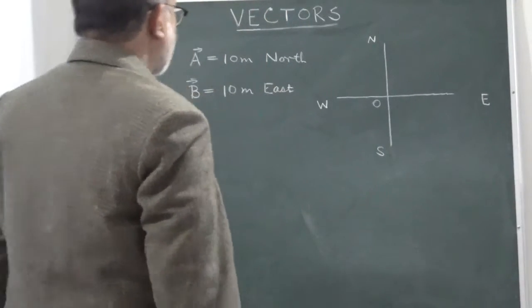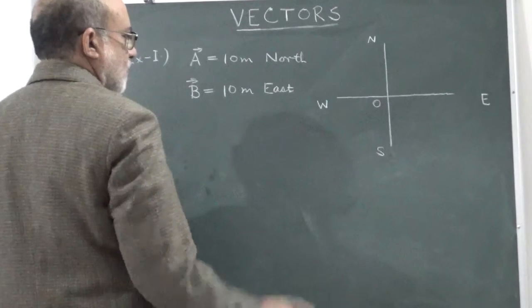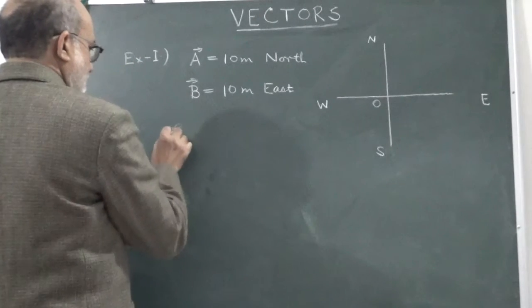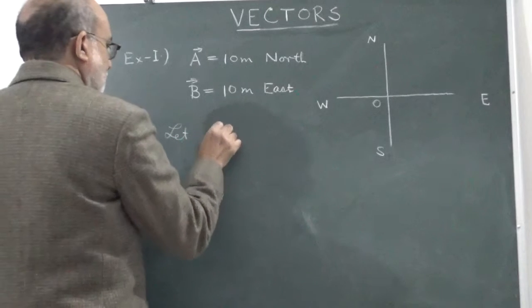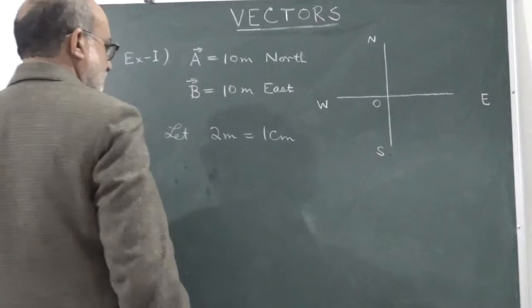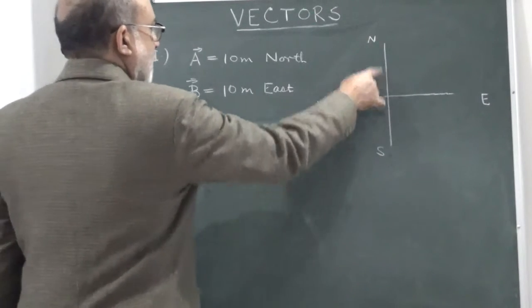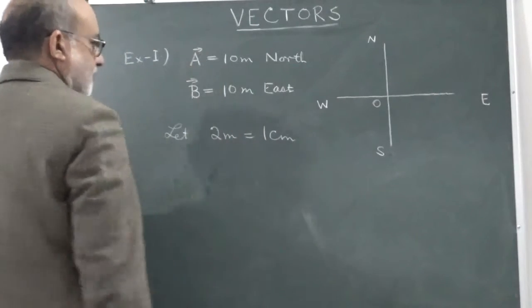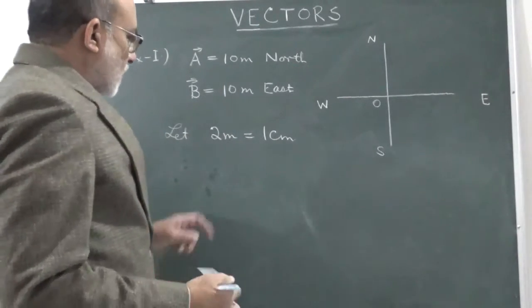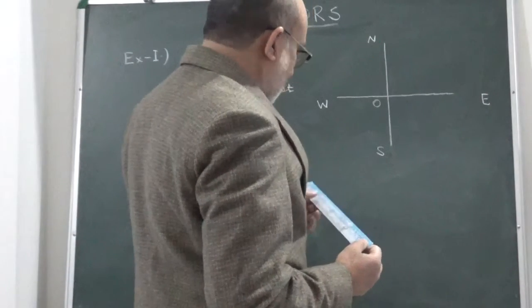Now, this 10 meter is to be converted to a suitable scale. So let 2 meter equal 1 centimeter. It means a 5 centimeter line along this direction will represent vector A. On the blackboard a 5 centimeter line will be very small, so I am taking inches.